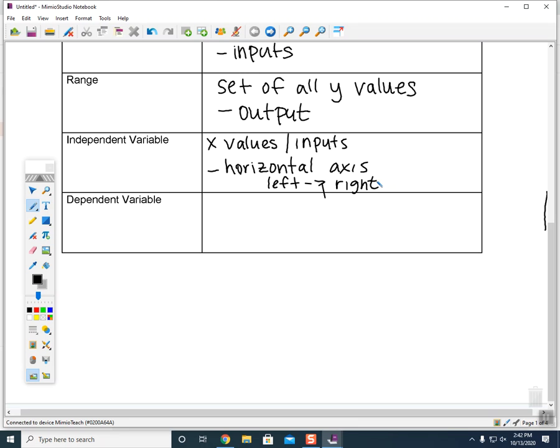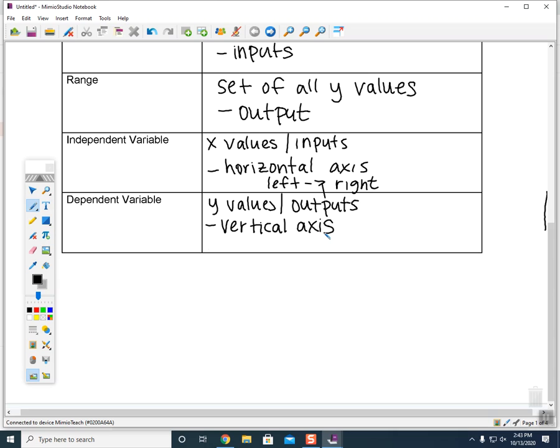My dependent variable then are my Y values, or my outputs. And these occur on the vertical axis. So up and down, right?